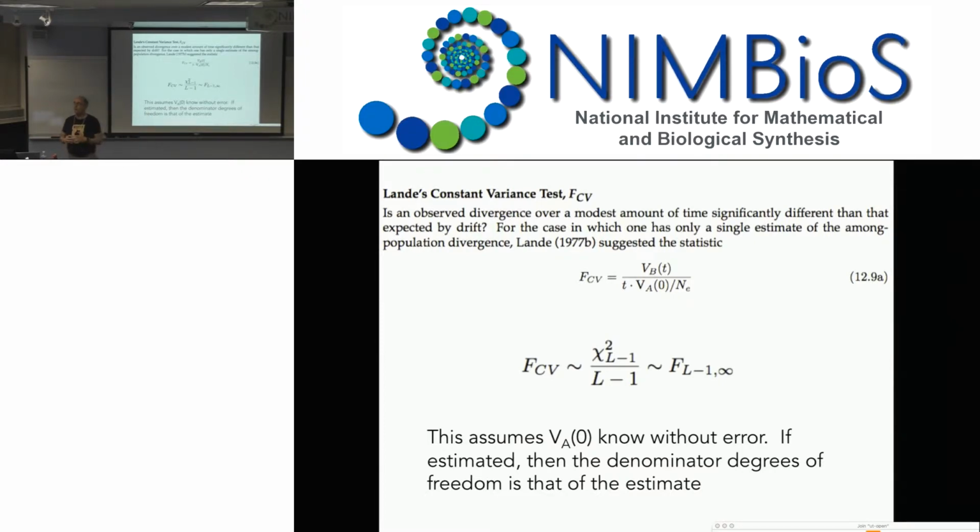So that's the amount of variation that's diverged. So you need some sort of estimate on that. And the reason this has infinite degrees of freedom here is you assume that's known without error. If you have to estimate it, the estimate's degrees of freedom is what you replace there as well. So it's typically not that widely used, but it's one that you see occasionally. But it's more typically done in these short-term experiments, right? We'll talk about longer-term things in a second.